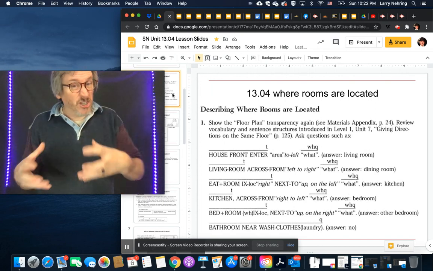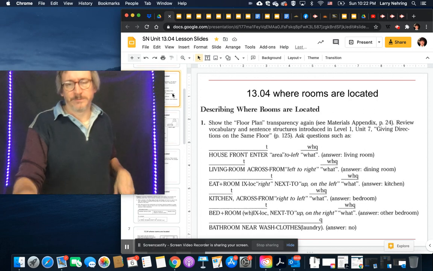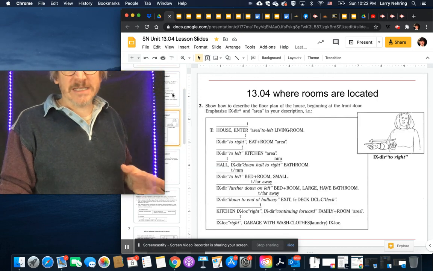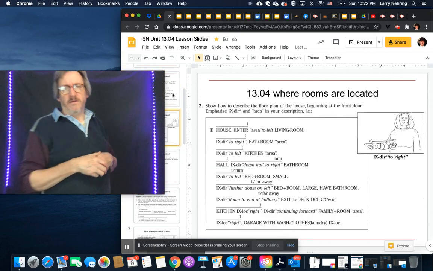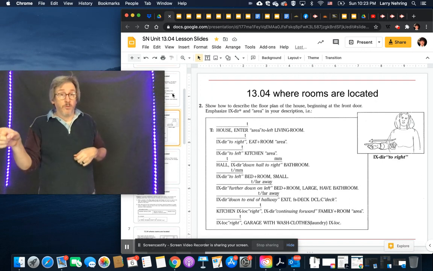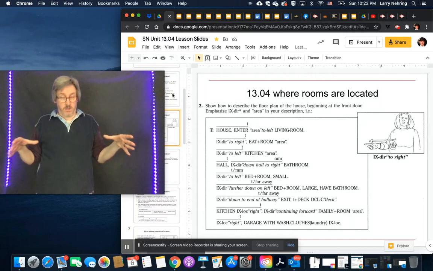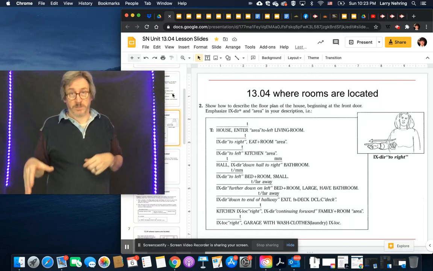It's not language, it's directions on how to find the language. So this is an example of that, when you're pointing to something, or setting things up in a miniature scale version of the layout of a house.